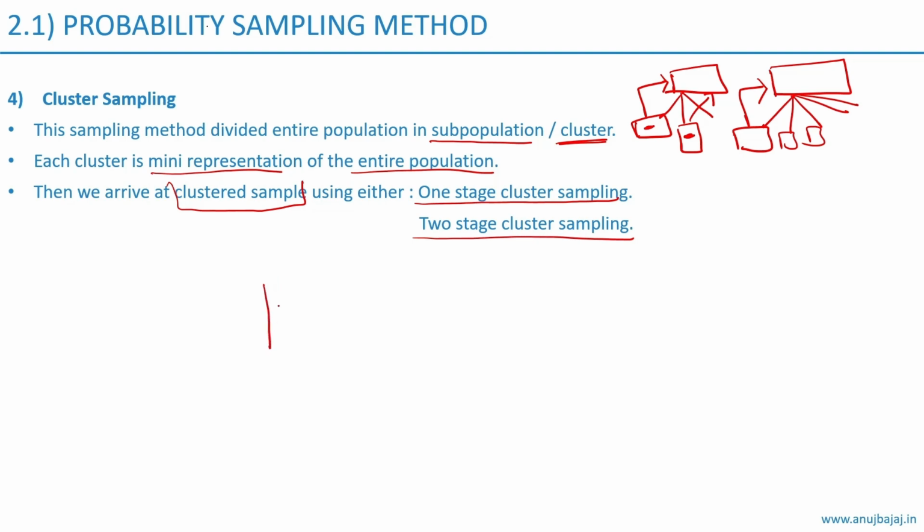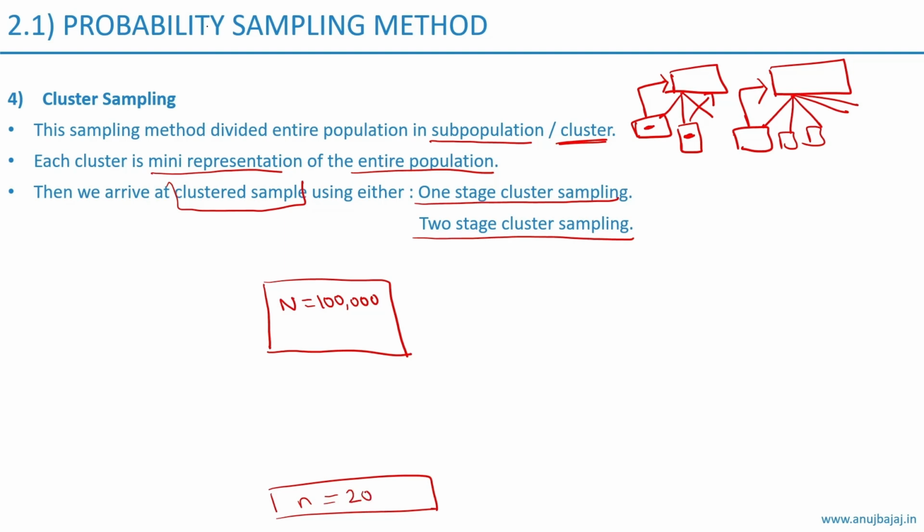For example, suppose we have a population whose size is 100,000 and we want a sample with a size of 2000. So we divide the entire population into various clusters. Suppose I created a cluster 1 which had a size of 100 observations.